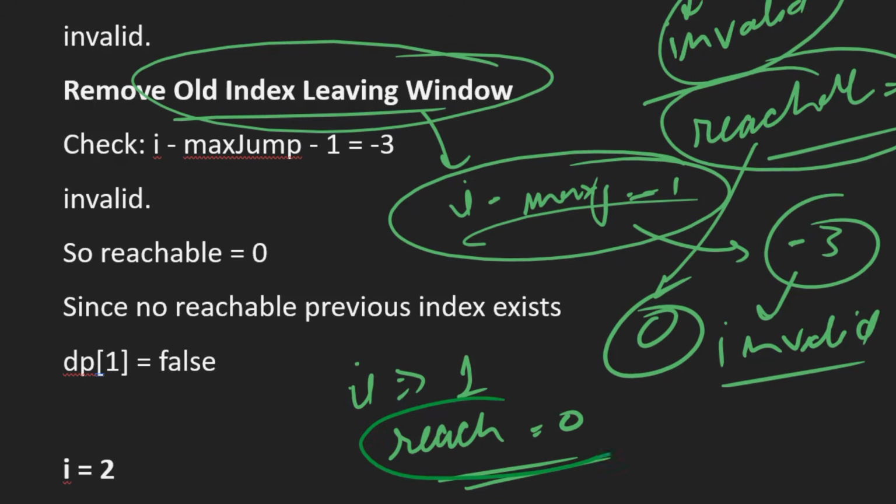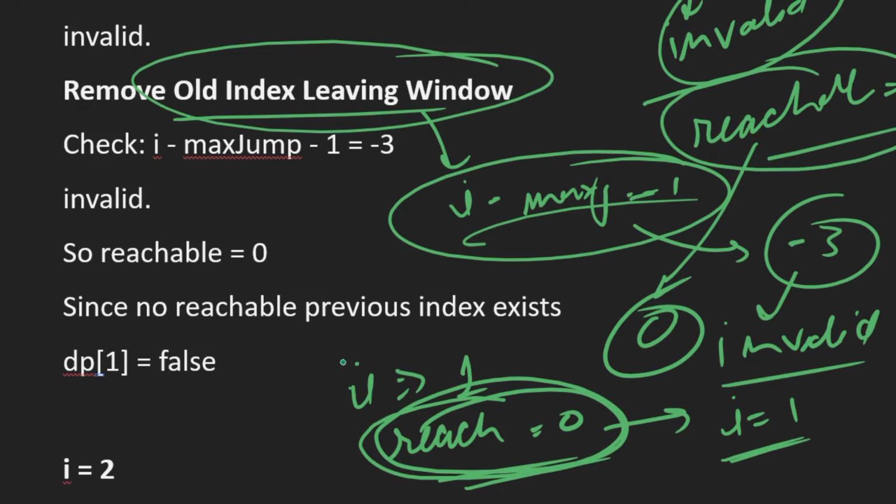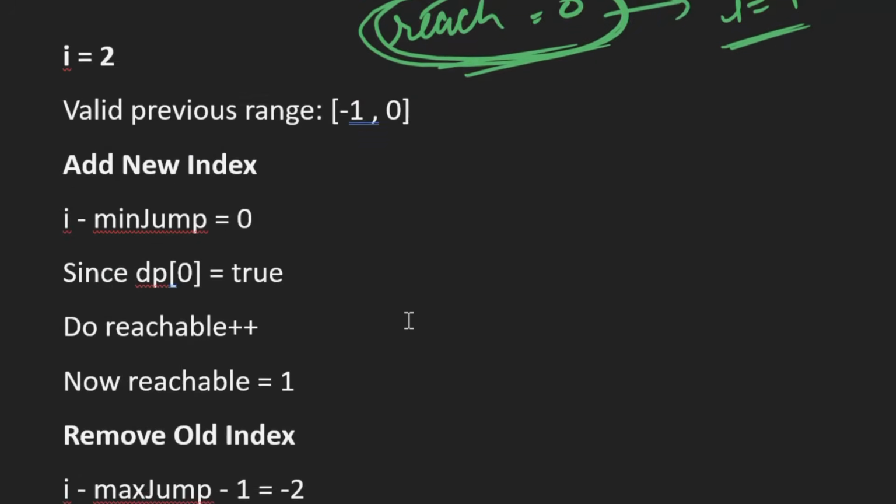That means there is no previous index from which we can jump to I is equal to 1, right? So we need to mark dp of 1 as false, because there is no previous reachable index.